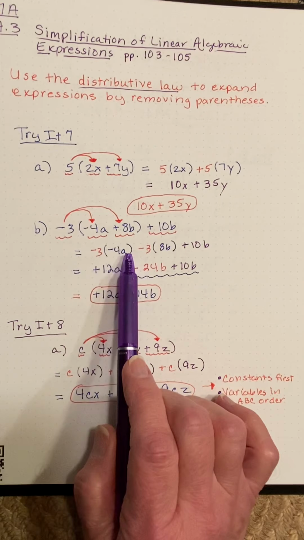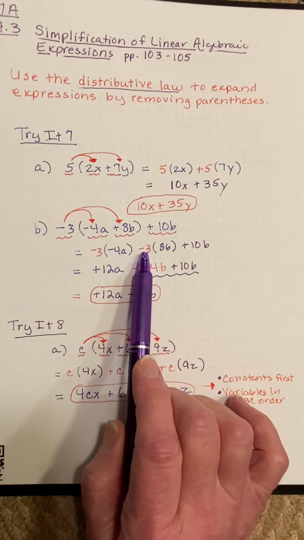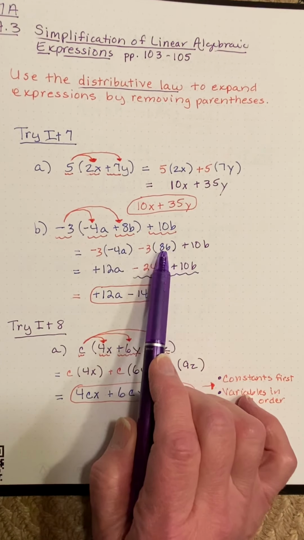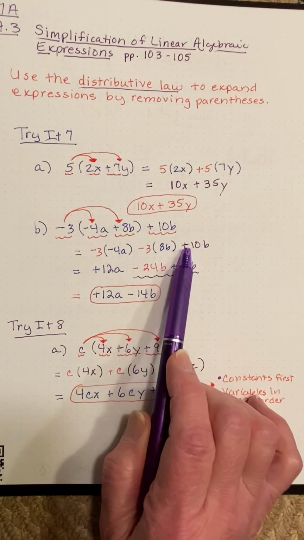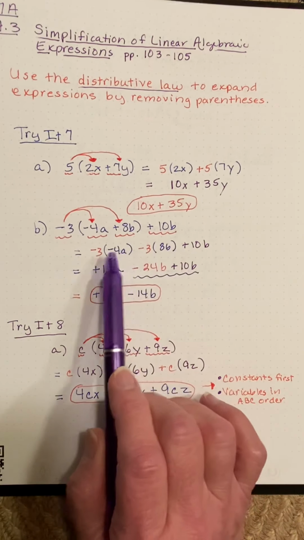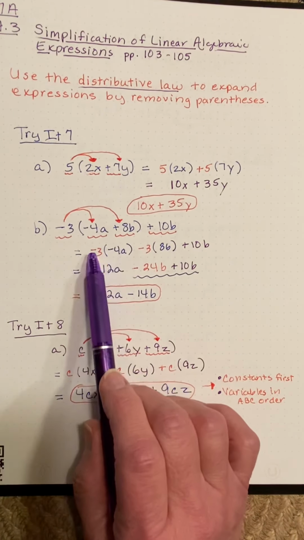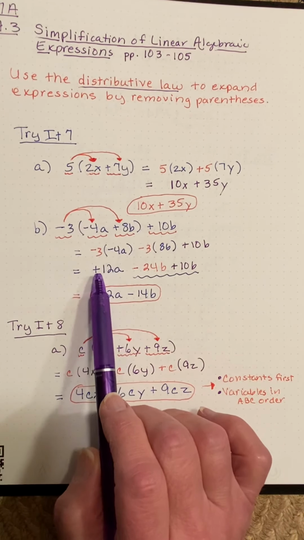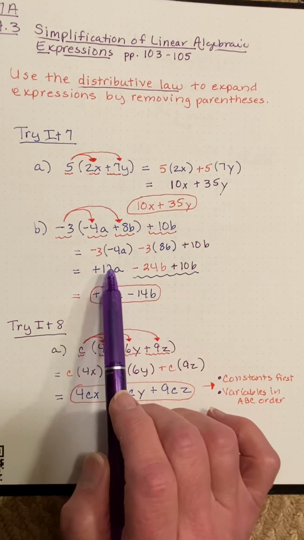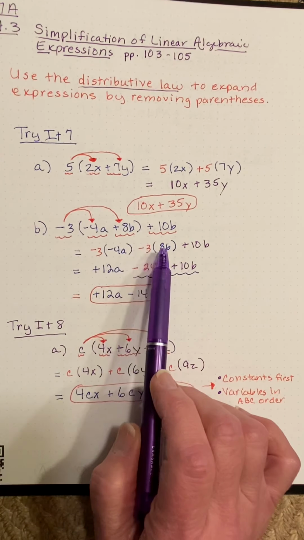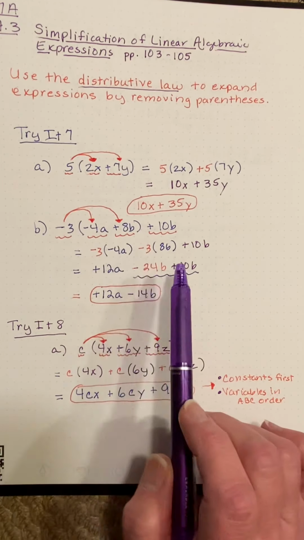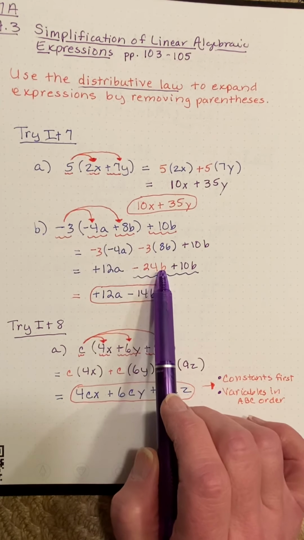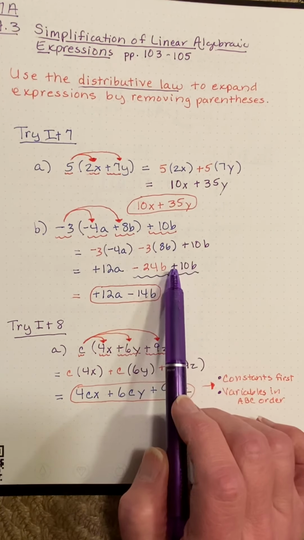Negative 3 times negative 4a, and then negative 3 again times 8b because it's positive, and then I tack on that positive 10b. Now I actually do the multiplying, so negative times a negative is a positive, so positive 12a. Negative times a positive is a negative, negative 24b, and then plus 10b.